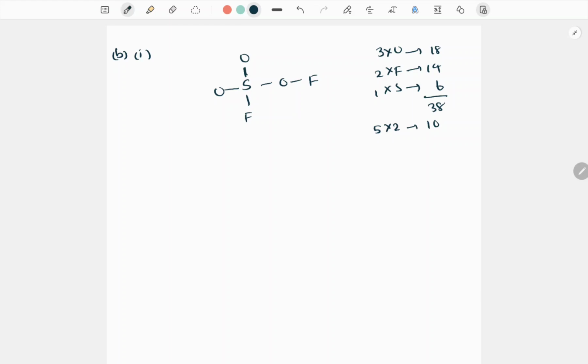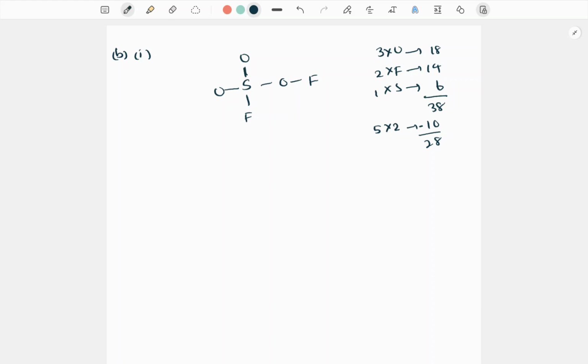Therefore 38 minus 10, because from this 38, 10 is consumed for these sigma bonds. Now these 28 can be distributed among the skeletal as lone pairs.